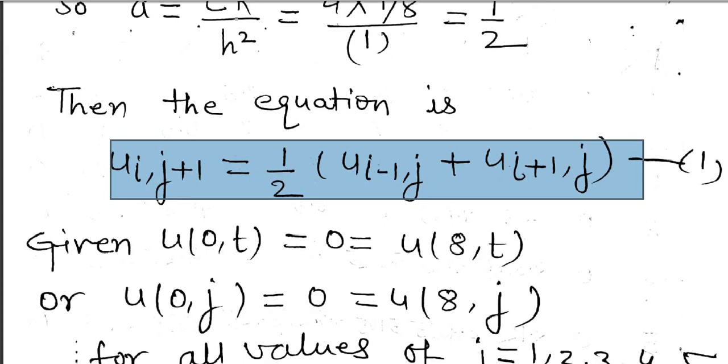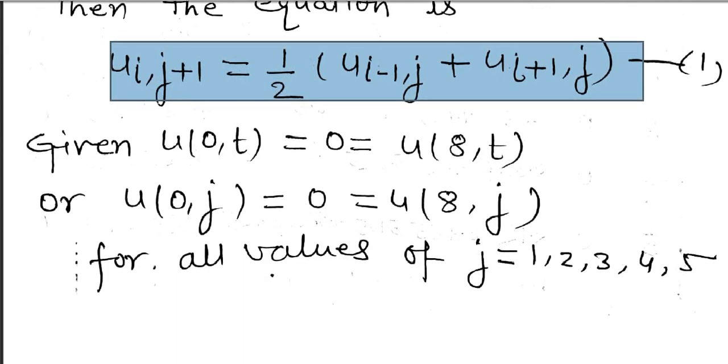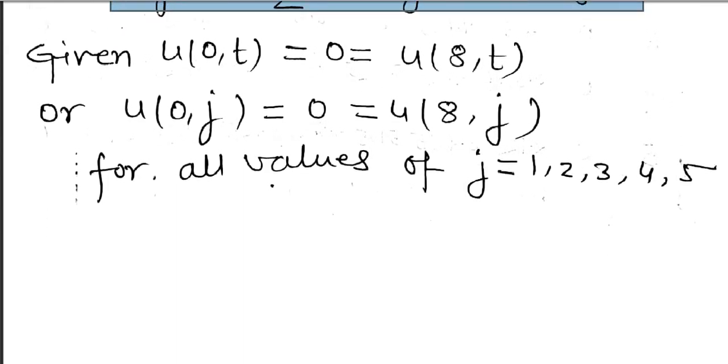Now for all values of j is equal to 1, 2, 3, 4, 5, we could find the value by using this method.